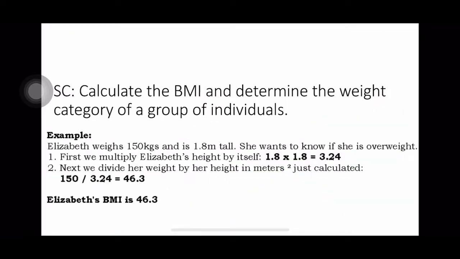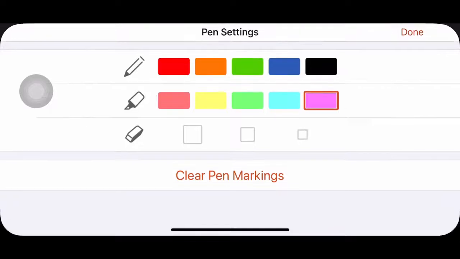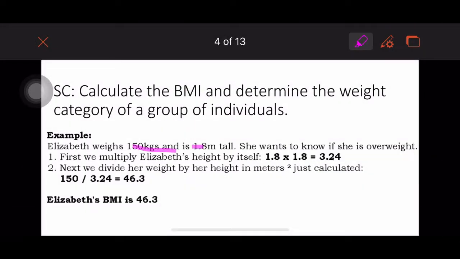There's another example. Elizabeth weighs 150 kilograms and is 1.8 meters tall. She wants to know if she's overweight.